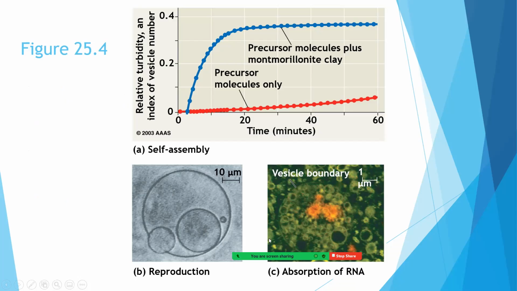On the outside here is the vesicle boundary, and it has been shown in experiments that if you put RNA or DNA molecules in the environment near a vesicle, it will actually take up that nucleic acid, which is very interesting. And this is showing, in experimental form, precursor molecules by themselves, or precursor molecules with a particular type of clay that we would find in the early atmosphere. You're going to have much more reliable vesicle formation with the presence of the clay.